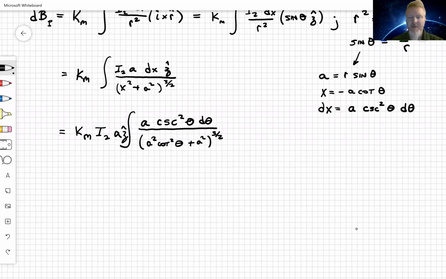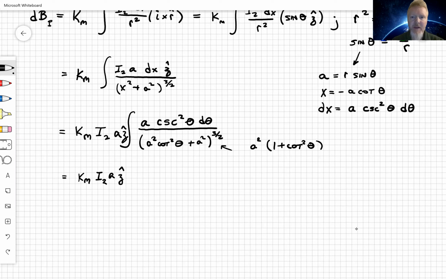This is all in just simply trying to do the integral. So that gives me k I to a z hat. I'm going to want to factor an a out of this last one here. So I'm going to take an a squared here. So this piece here is going to become a squared times 1 plus cotangent squared theta.